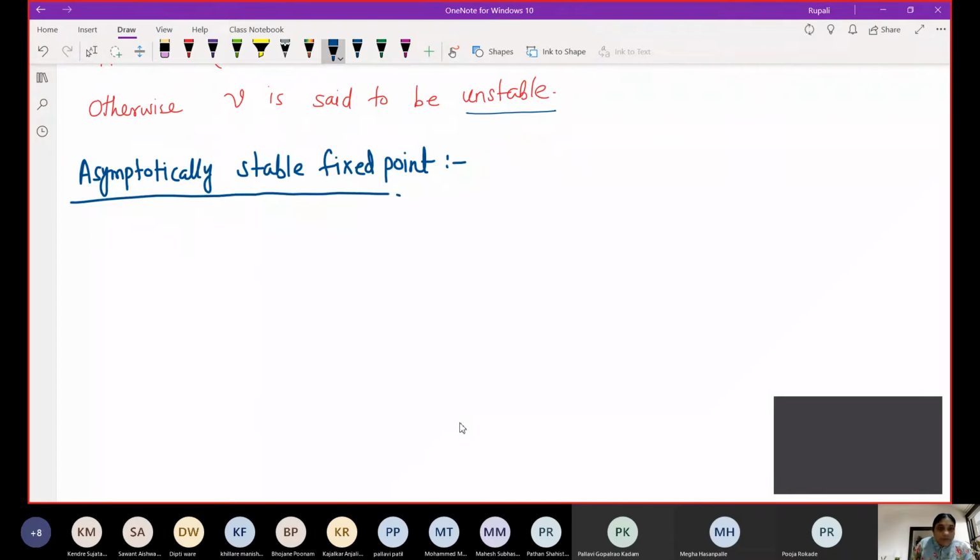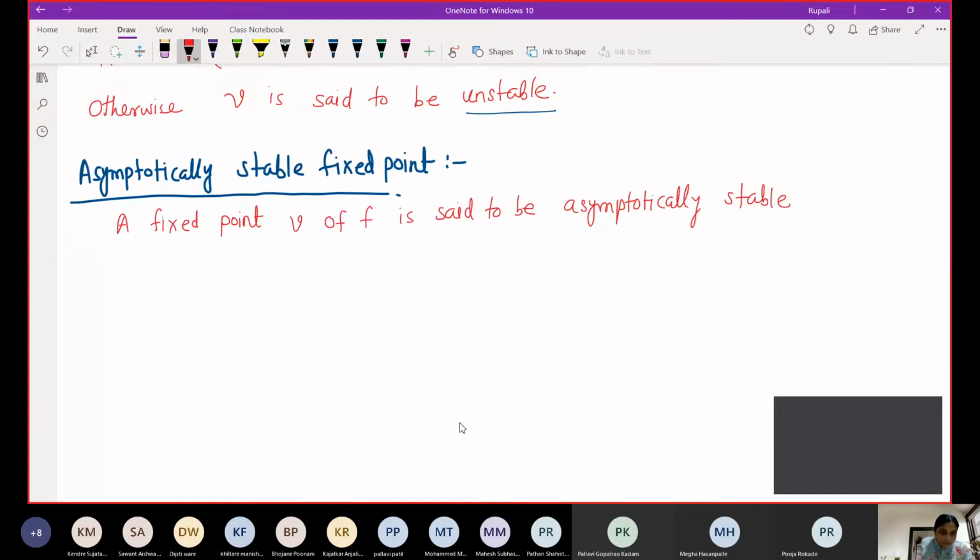A fixed point V of f is said to be asymptotically stable if it satisfies two conditions.